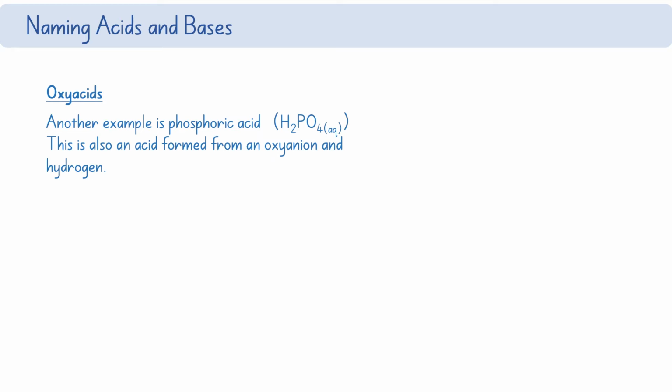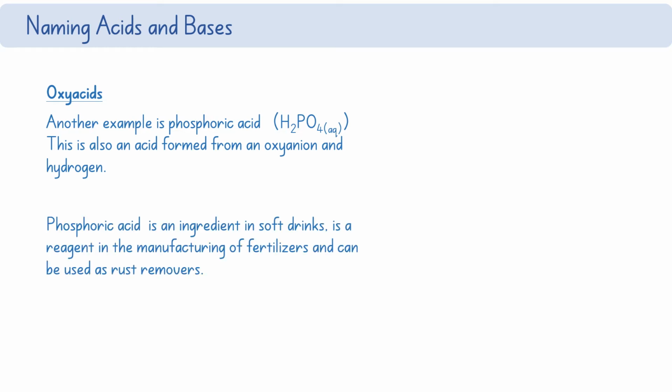Oxyacids. Another example is phosphoric acid, H3PO4 aqueous. This is also an acid formed from an oxyanion and hydrogen. Phosphoric acid is an ingredient in soft drinks, is a reagent in the manufacturing of fertilizers, and can be used as rust removers. They are classified as oxyacids and the incorporated oxyanions.